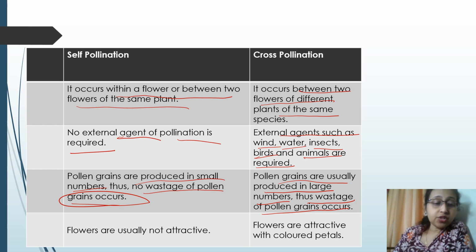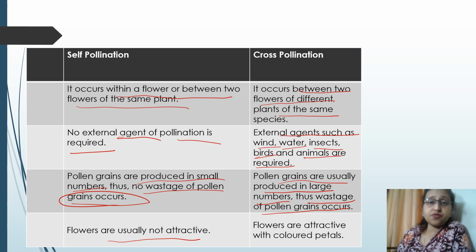Okay, now the last one is flowers are usually not attractive in self-pollination. Actually it is not required to make those flowers attractive. But in cross-pollination, flowers should be attractive so that insects will come and sit on the flowers, so that the pollen will be carried from one plant to another.